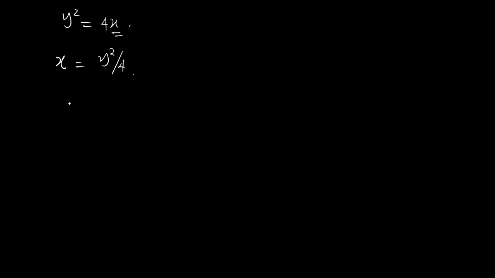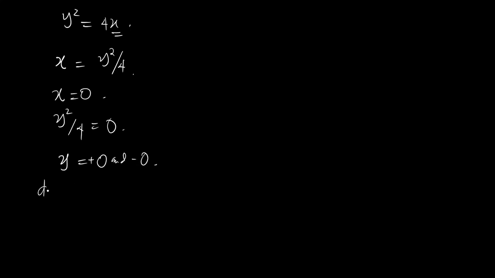Now let's look for the value of y where x is equal to 0. So you have y squared over 4 equal to 0, meaning y is equal to 0. That is plus 0 and minus 0.